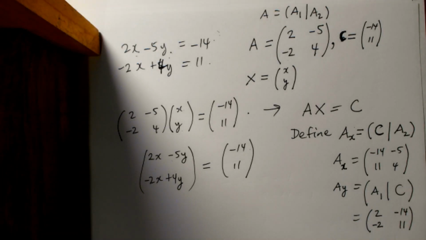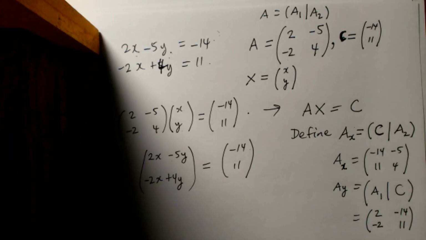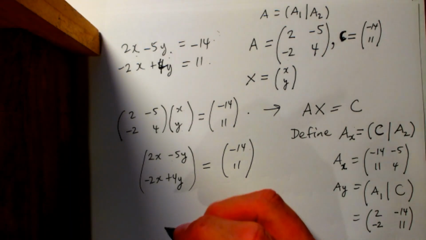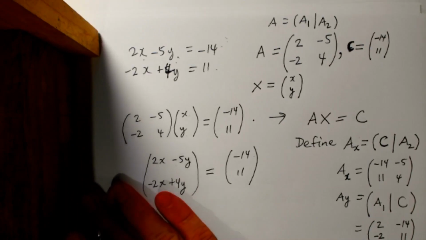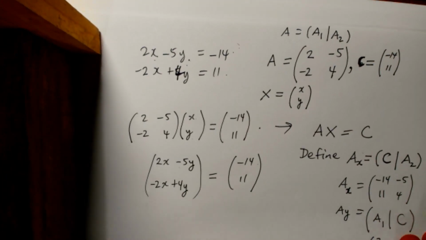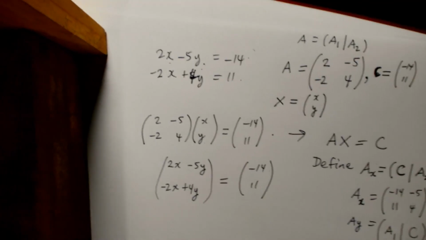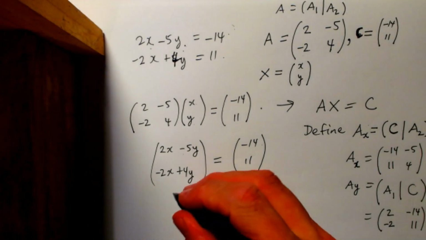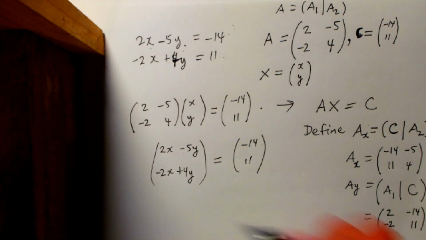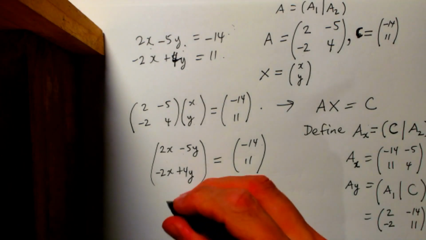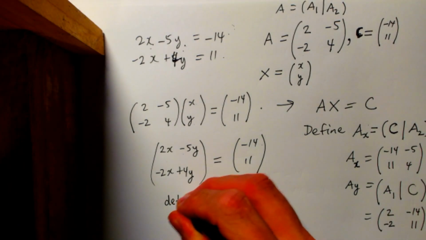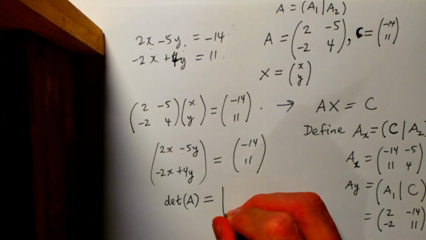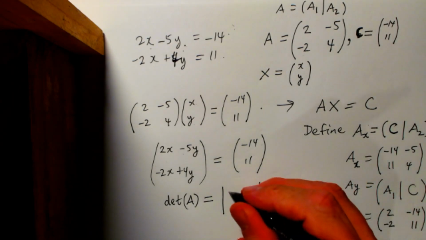Alright, but remember it's a rule about determinants, so we also need the determinant of the matrix A itself. I'll rotate this a little bit so the light hits the page better. Here's the matrix A. So det of A, sometimes I write out the word det, but it's the same as just putting vertical lines around your entries.